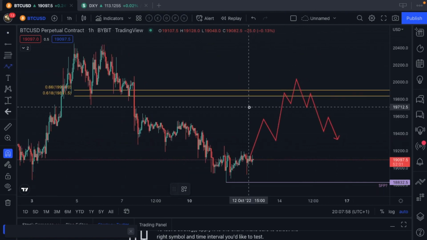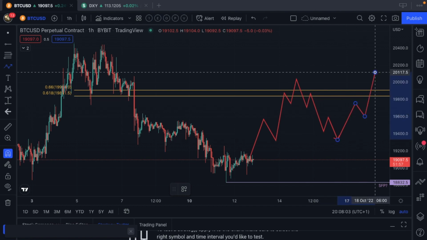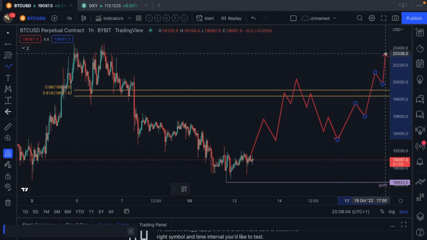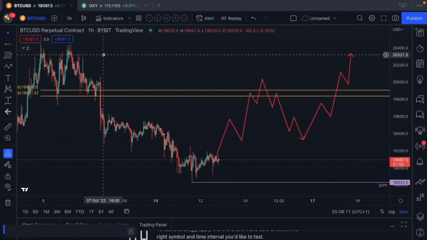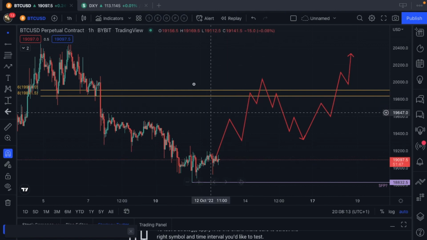And then hopefully price could then make a real test for it and break up to the top of this range that we have been playing in since the 6th. If not, look to the downside.